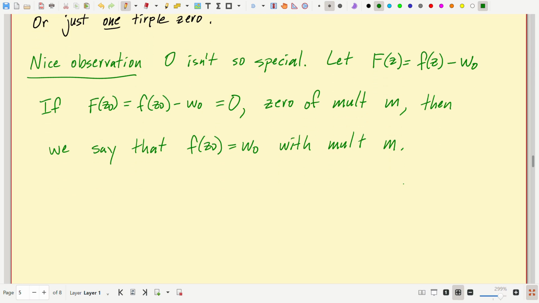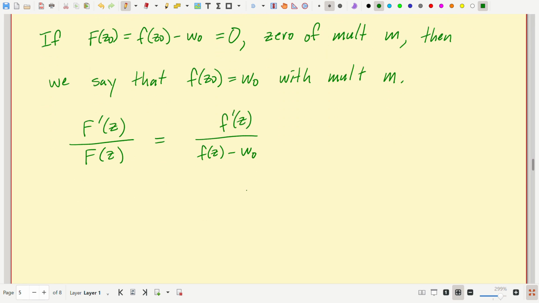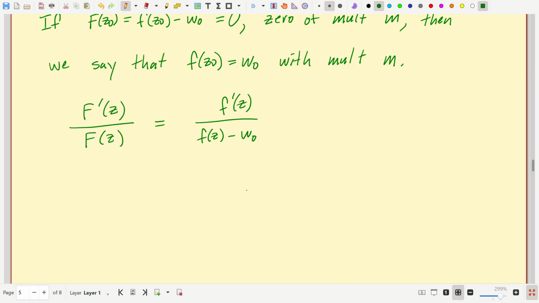And then we can do the same thing, f prime of z over capital F of z. Capital F is f of z minus w naught. And the derivative would just be f prime of z. So if you want to count the number of times f is equal to something, you can do the same picture.